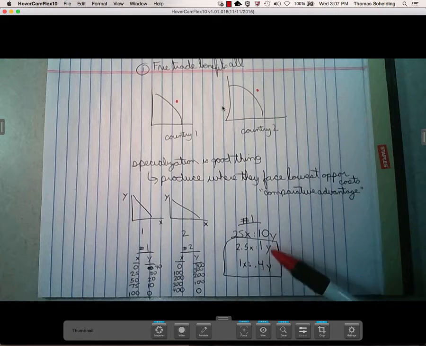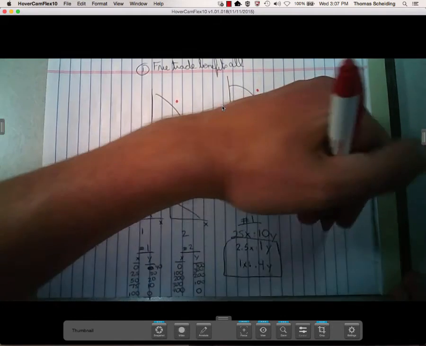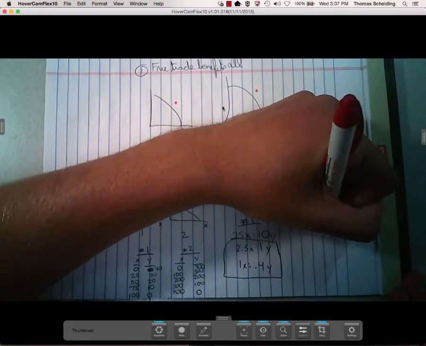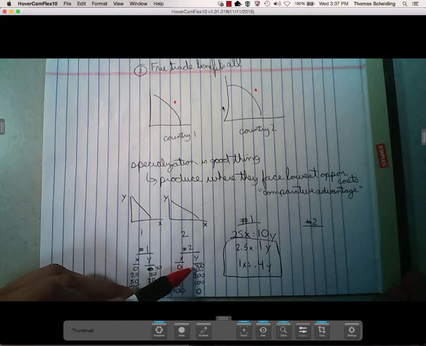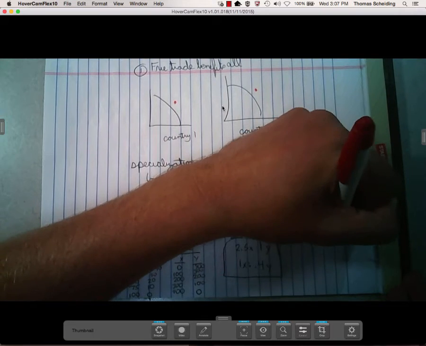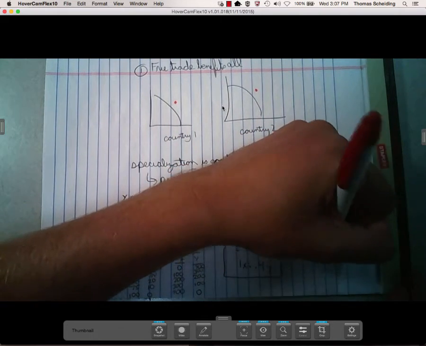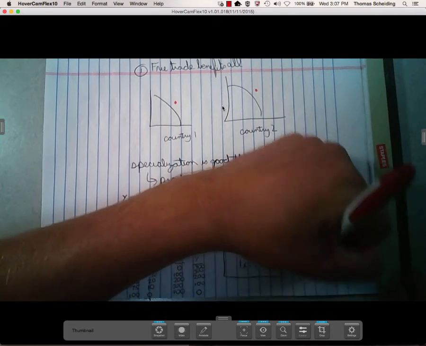So this is now the slope, seen from either perspective, of country number 1's production possibilities frontier. Now what about for country number 2? Here the trade-off is 100x for 100y, which is really easy because it's 1x to 1y, 1y to 1x.